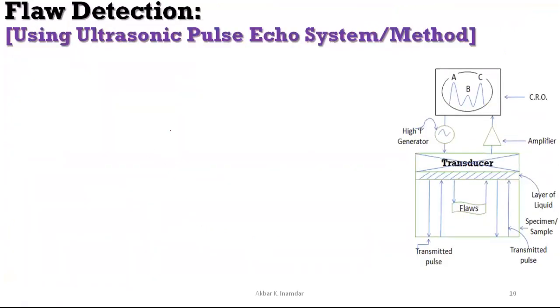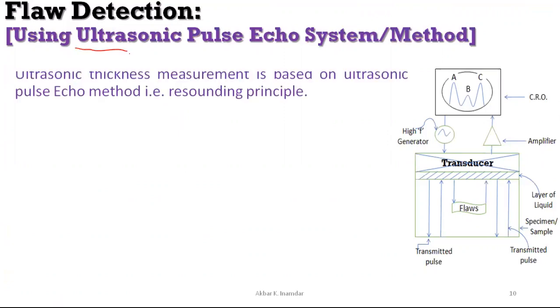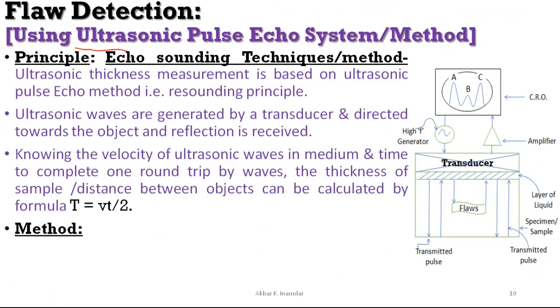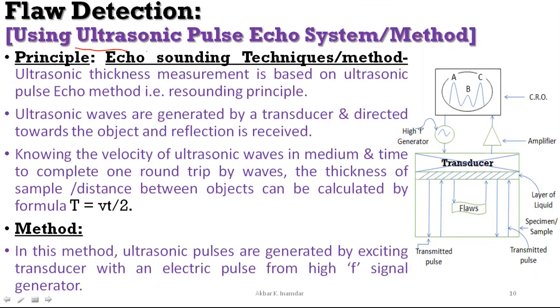Next, flaw detection. Flaw detection uses the same principle as the previous one, that is, the echo sounding technique or resounding. In this also, ultrasonic waves are generated by the transducer and directed towards the object and the reflection is received.